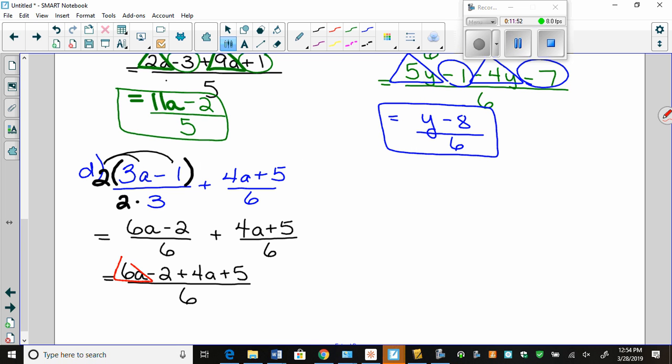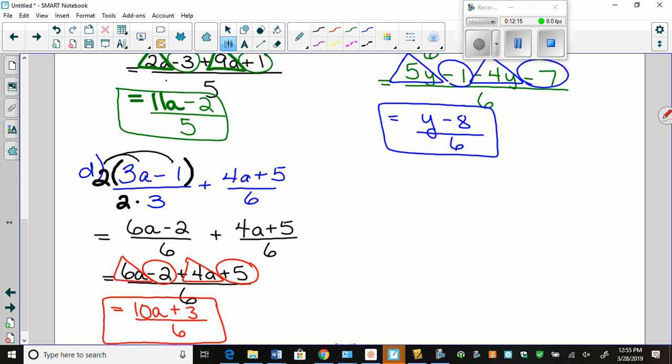So we're going to go 6a plus 4a, which is 10a, minus 2 plus 5 is plus 3, all over 6. Still no non-permissible values, right? So I'm going to get you to try one on your own, see how you do.